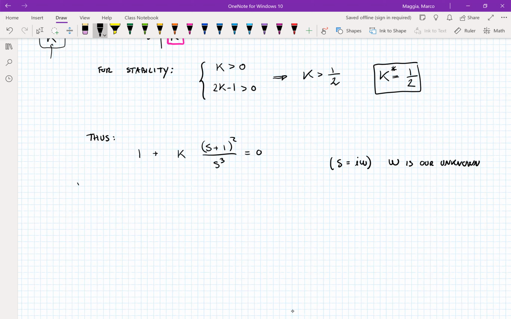All right, so now we have to use k equals k star, which is equal to 1/2. And furthermore, we are looking for solutions that are on the imaginary axis. That is, s has to be equal to i omega. So we can rewrite the characteristic equation as 1 plus 1/2 times (i omega plus 1) squared divided by (i omega) cubed equals 0.